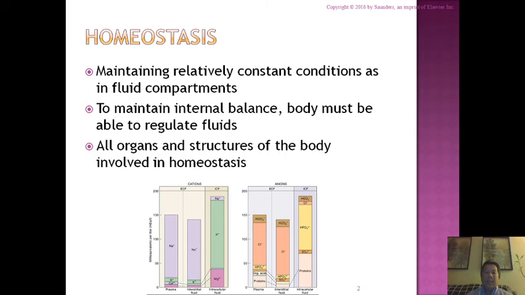Homeostasis is technically defined as the internal balance, the internal milieu, and this is necessary in order to ensure that the entire system of the body and all the cells are functioning effectively in order to maintain the normal functioning of the human organism. Now, in order to maintain internal balance, the body must be able to regulate the internal body fluids.